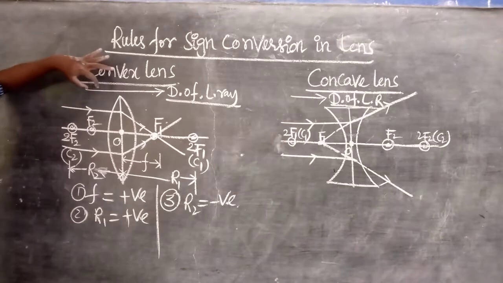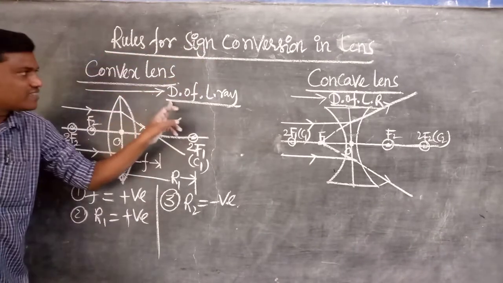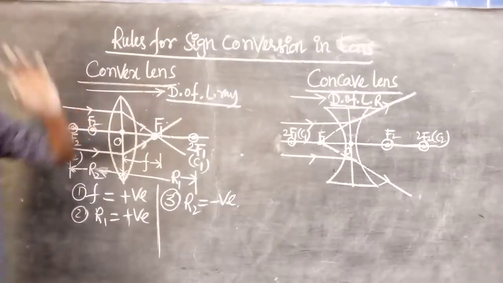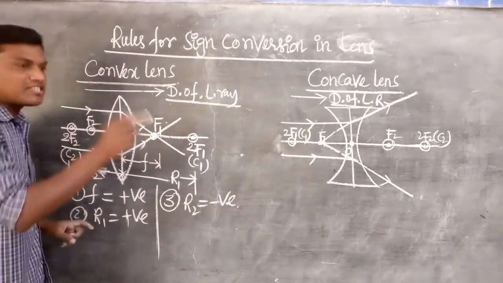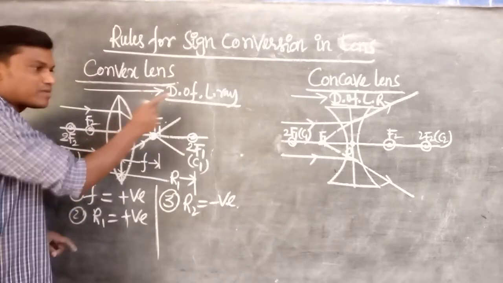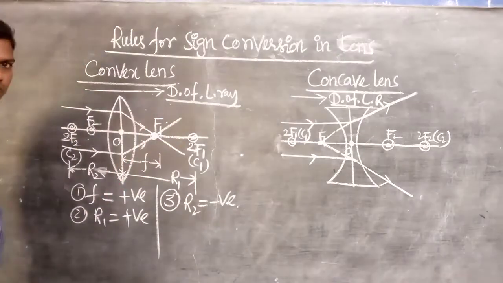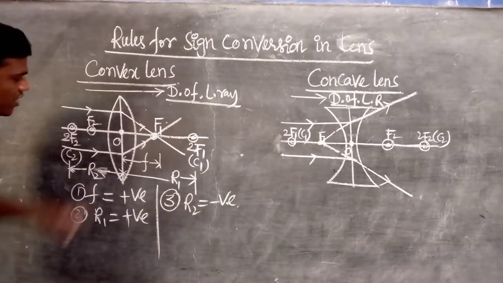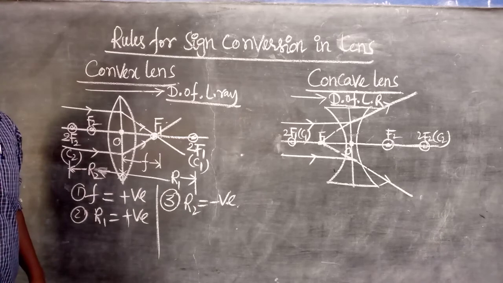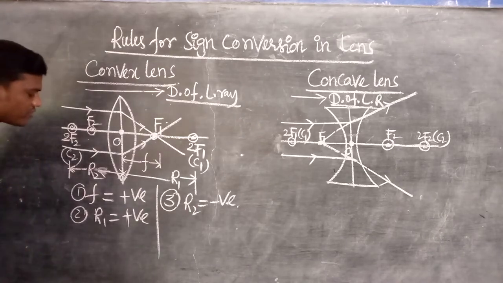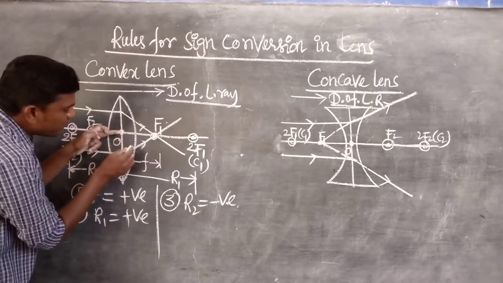If you measure any distance in the direction of the incident ray or light ray, we take it as positive. That's why every distance must be measured from the optic center. After refraction, the rays meet in the case of real image formation, so we consider this focus, not the other one.